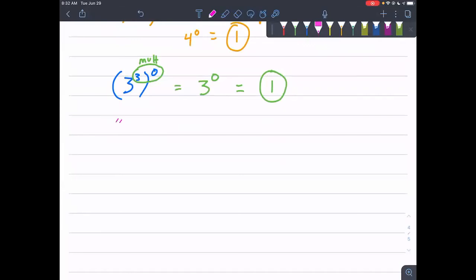And by the way, the instructions will say the same thing on most of these. It'll say which expression is equivalent to, in this case, 5 to the negative 4 to the negative 6.